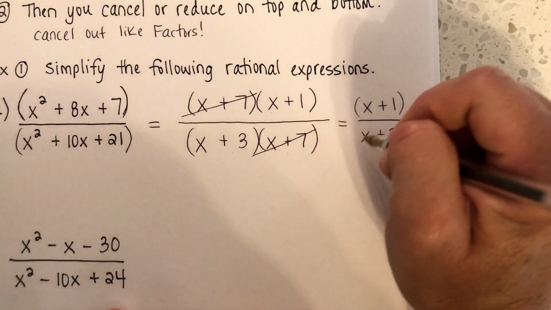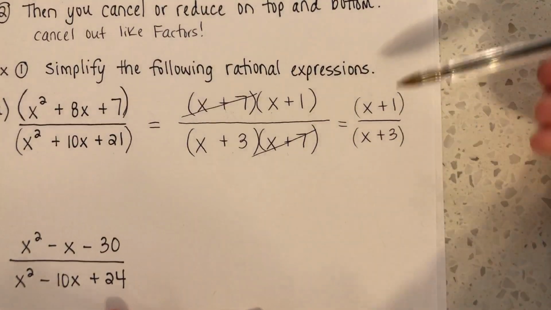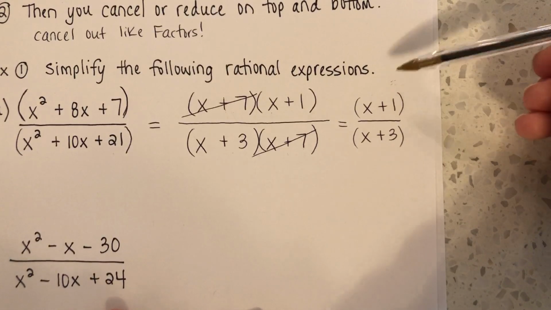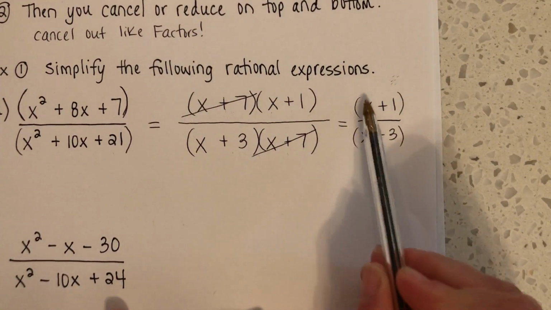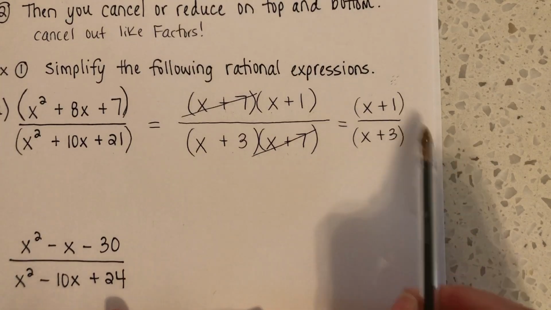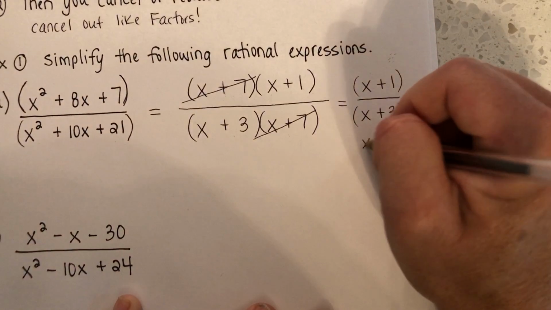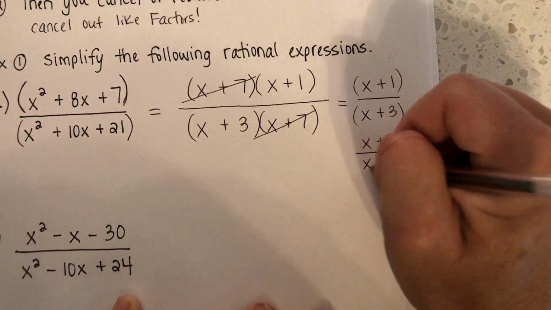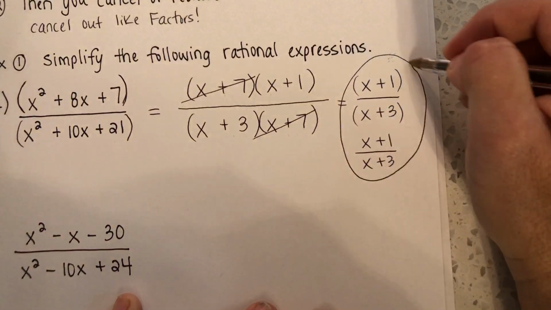And x plus 3 is a package. It would only cancel with another package of x plus 3 on top. If you might be tempted to cross these x's out in the end, leave them in parentheses to remind yourself that you can't. Whether you write it like this or like that, you're correct. That is your reduced fraction.